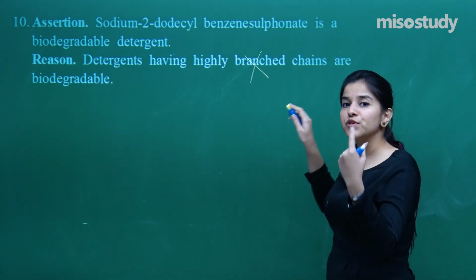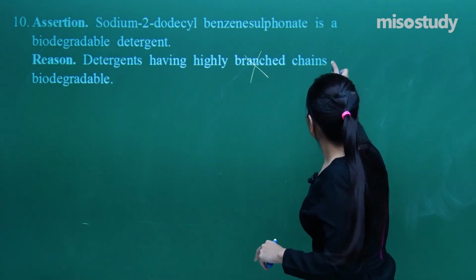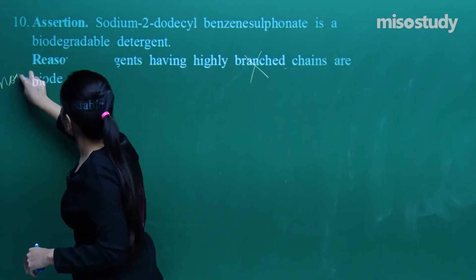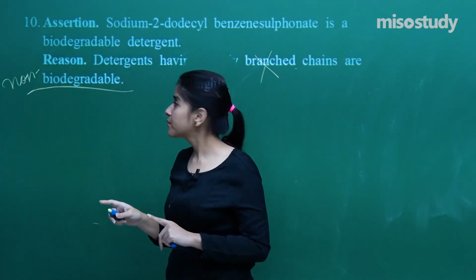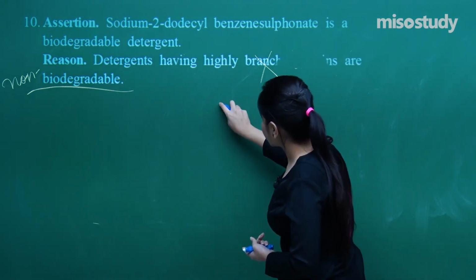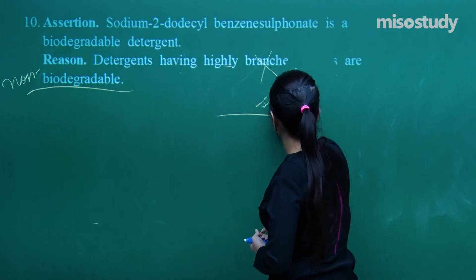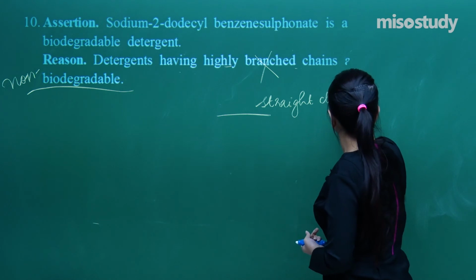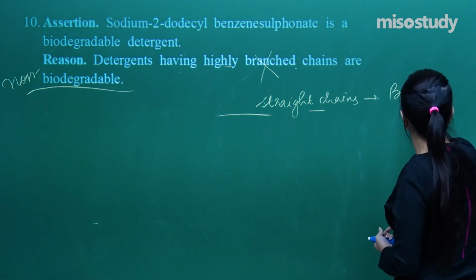Those detergents which have branched chains are non-biodegradable, not biodegradable. The detergents having straight chains are biodegradable.